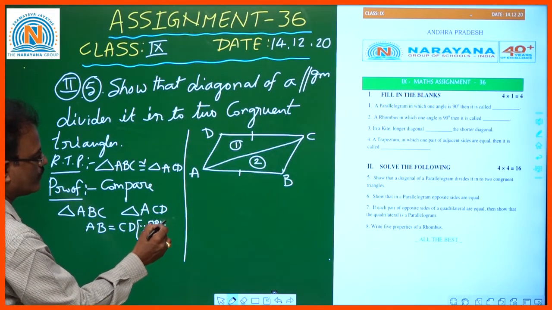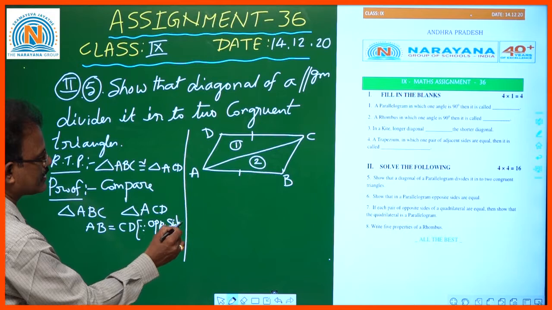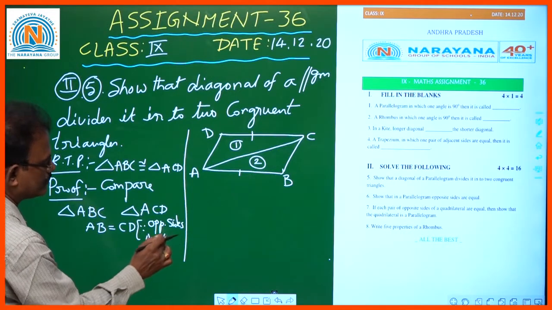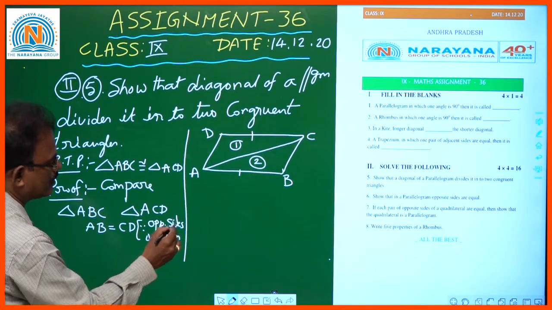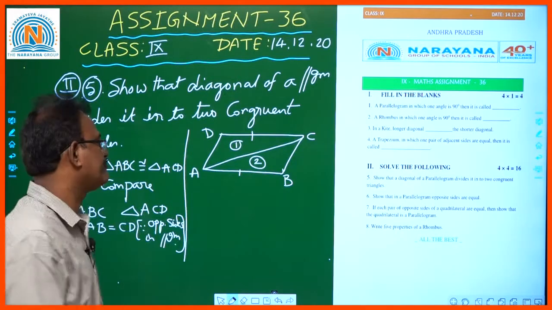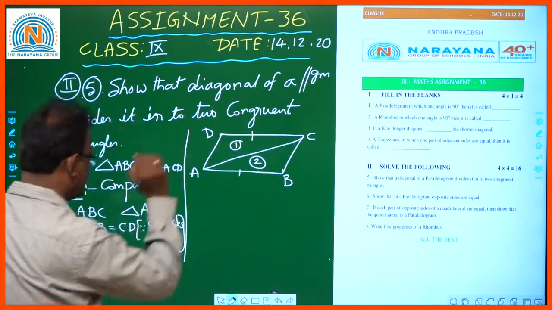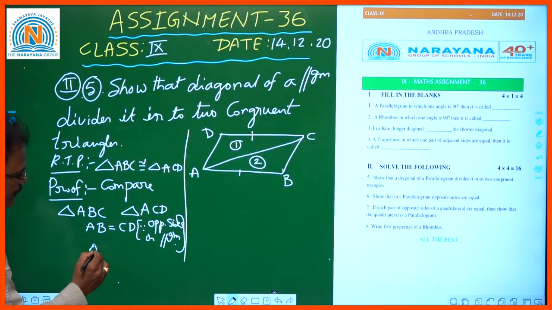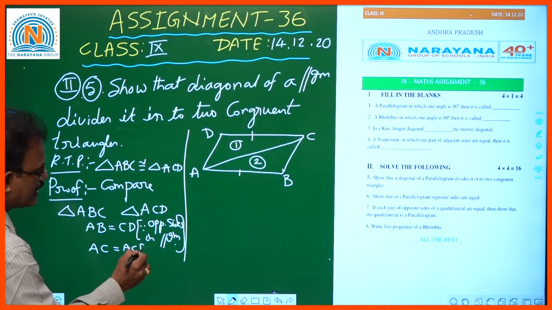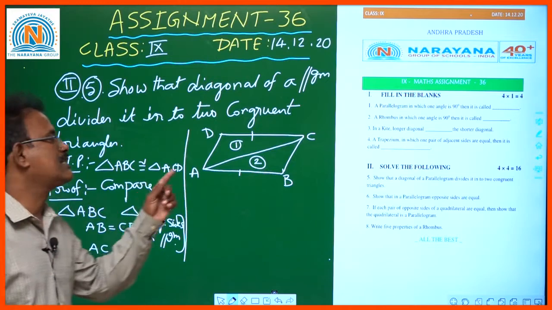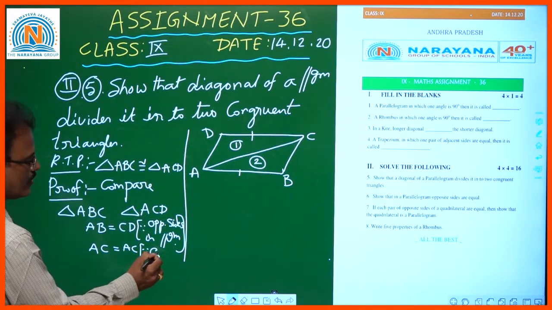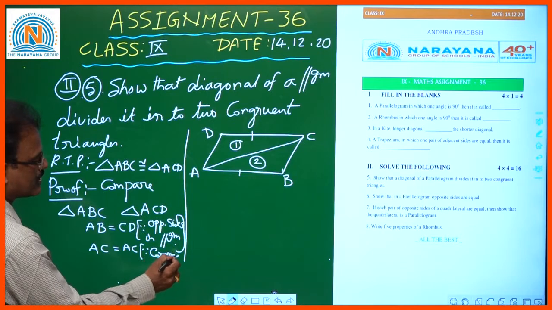These two are opposite sides in parallelogram ABCD. Okay. Now, AC equal to AC. AC is considered as a common side for both the triangles. This is the reason. Common side.